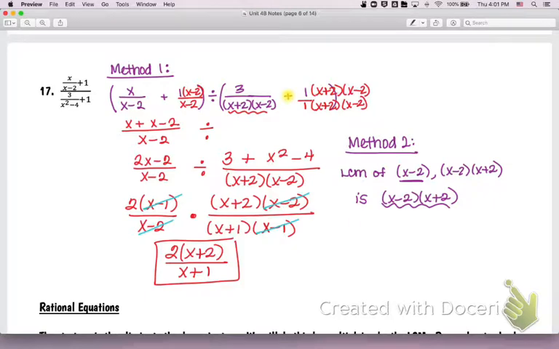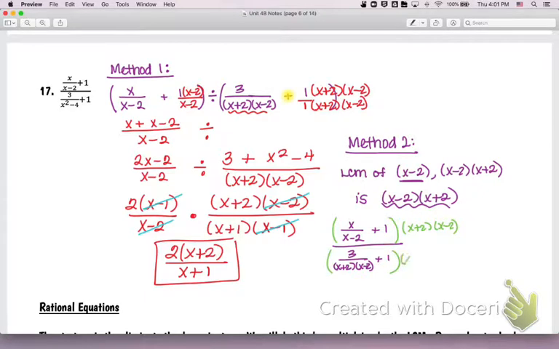So we take our fraction, x over x minus 2 plus 1 over 3 over x plus 2, x minus 2 plus 1. And we want to multiply the whole thing times x plus 2, x minus 2.